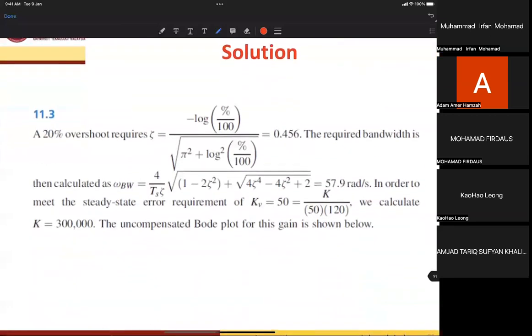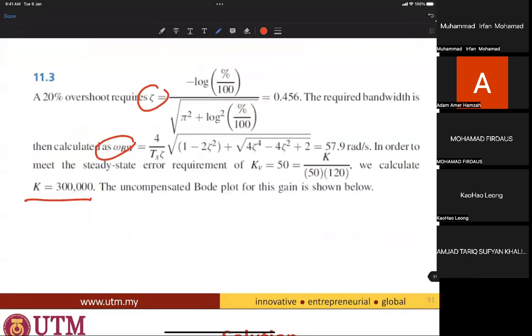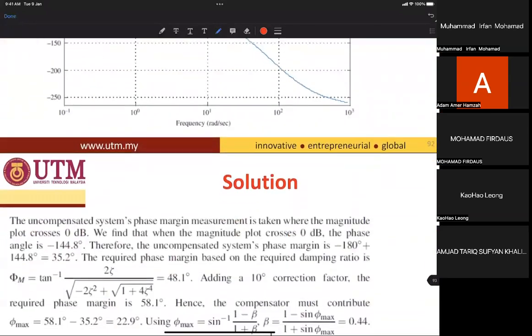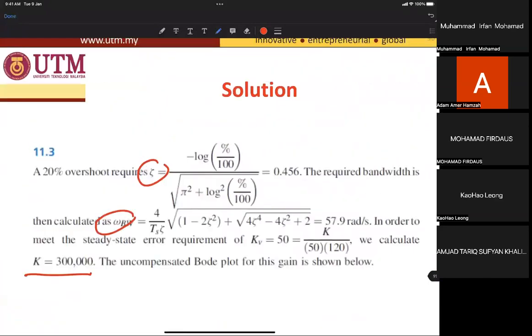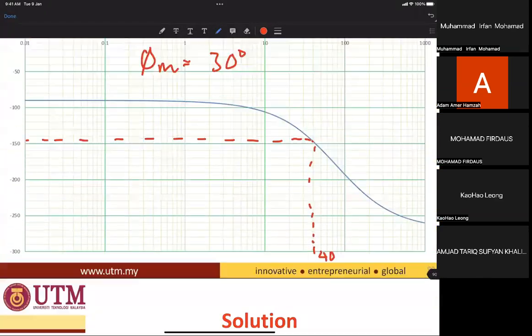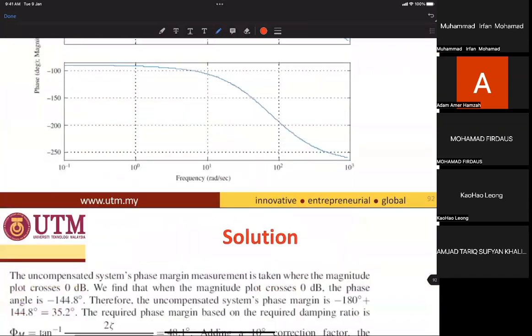So the solution is shown here. Either use the formula or use the bandwidth. So this is Kv 300 thousand. We don't have to find the gain margin because the only concern is the phase margin. So don't worry about the gain margin.